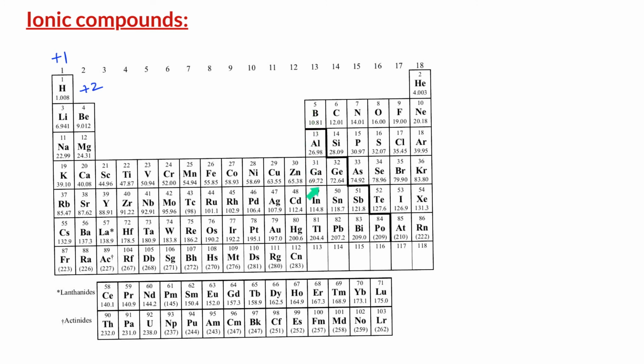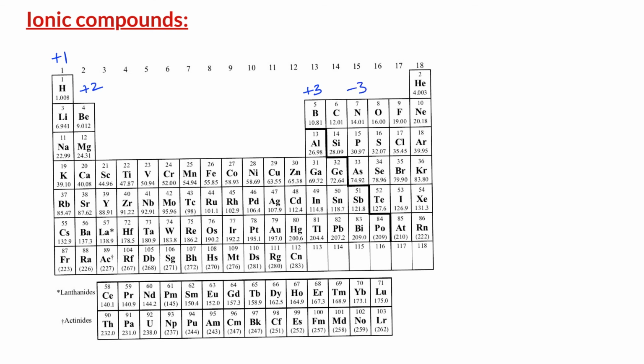3A elements form tripositive cations. If we go to the other side, group 5A elements are 3 electrons short of the nearest noble gases. So, they usually gain 3 electrons to form a tri-negative anion.